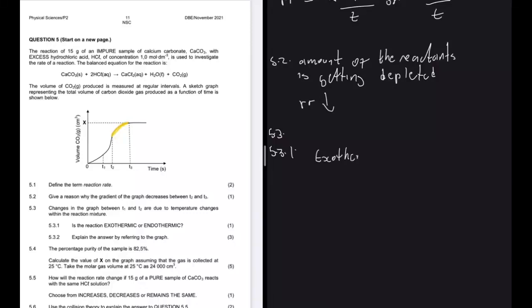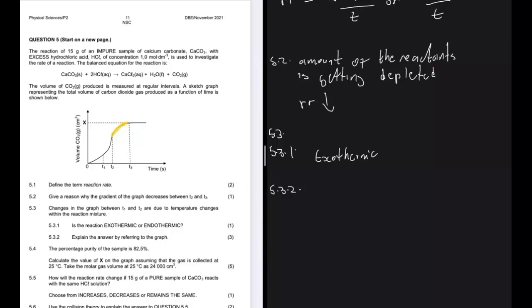Why are we saying that it's exothermic? Because the temperature change is within, right? And from T1 to T2, the reaction rate increases. So let me go a bit deeper on that and further explain the concept. In an exothermic reaction, there's a temperature change within, right?